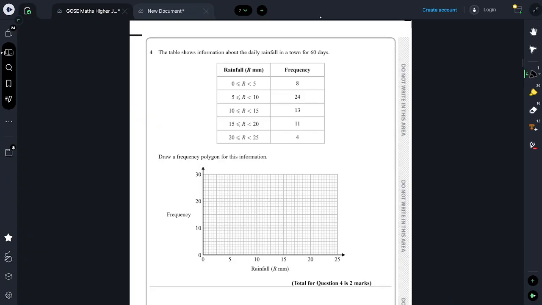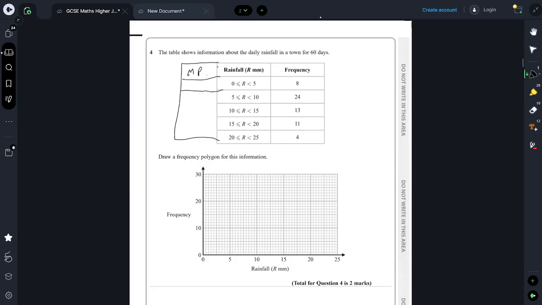Well, it gives you a kind of clue here if you get stuck: the rainfall against frequency. So you might think, plot the rainfall against its frequency. Well, the frequency is just one number. That's easy, right? However, the rainfall is grouped. It's not just one number. So what makes the most sense here is to use the midpoint.